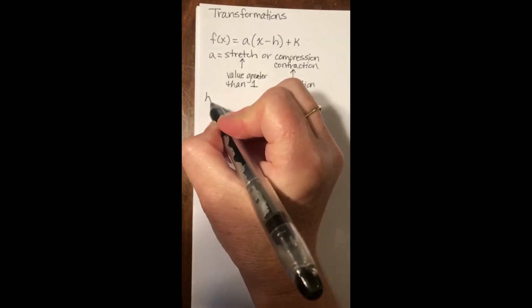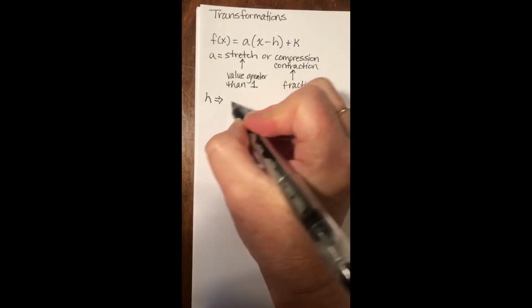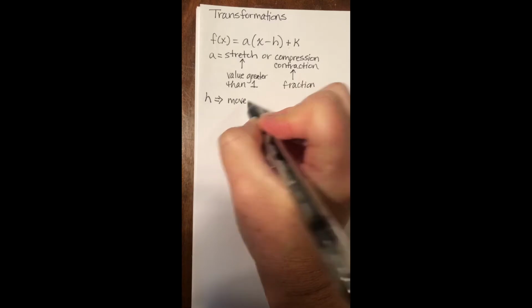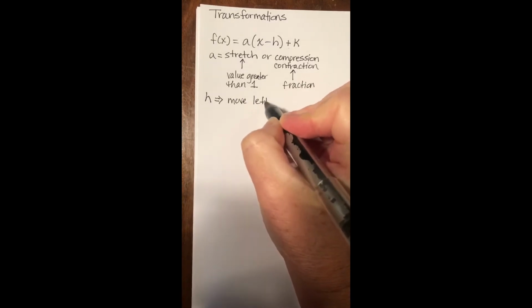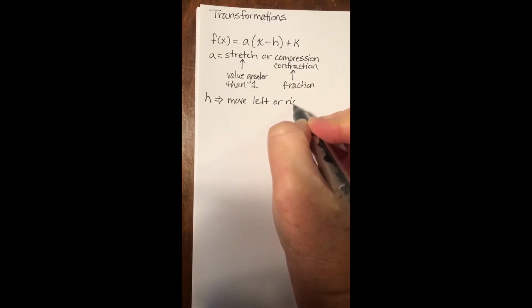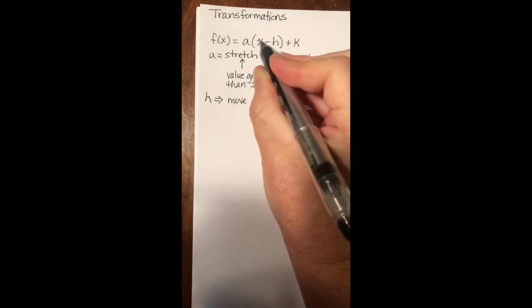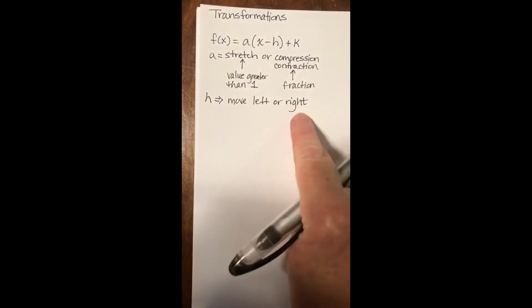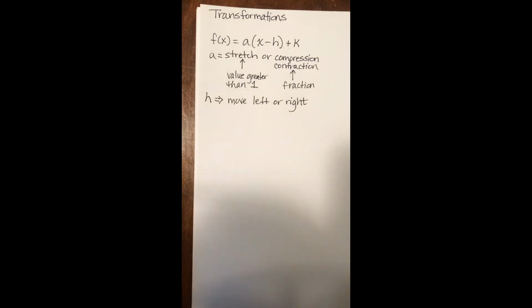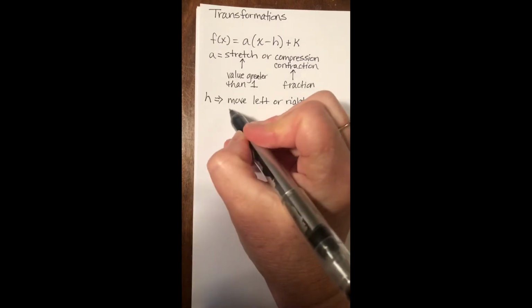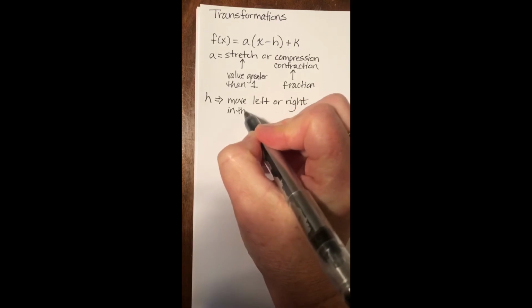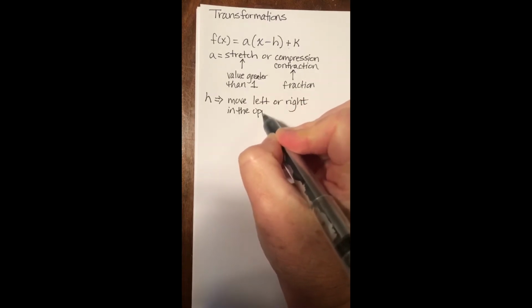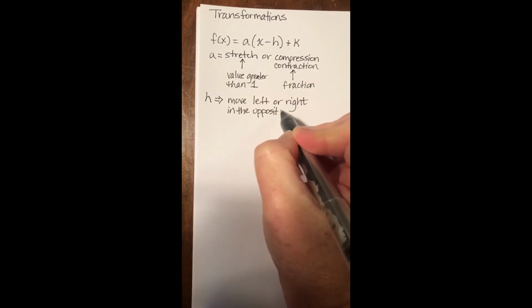Okay, h tells you that you are going to move your function left or right. Think about it. H is inside parentheses with the variable x, and x runs left or right when we're talking about a graph. So h is going to tell you to move left or right, but it's going to be in the opposite direction of what the sign is in the equation.